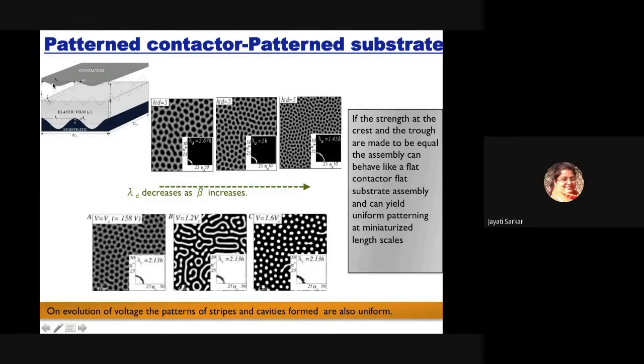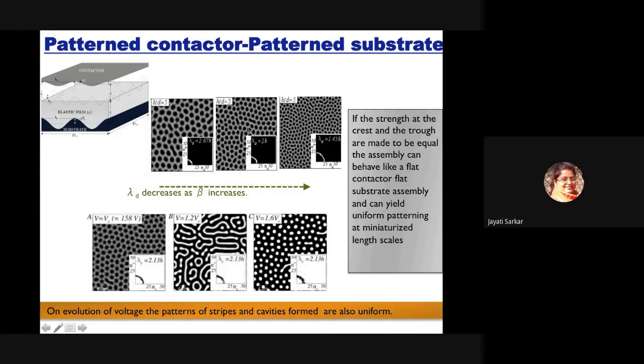This can be done if the contactor is patterned in a similar way as the substrate, so that the interaction potential that has been changing throughout the lateral length is totally negated. Then one can see that yes, it can form these patterns of uniform length throughout these thicknesses, even as beta increases and the wavelength actually decreases in certain cases.